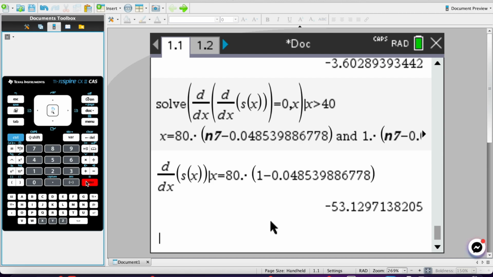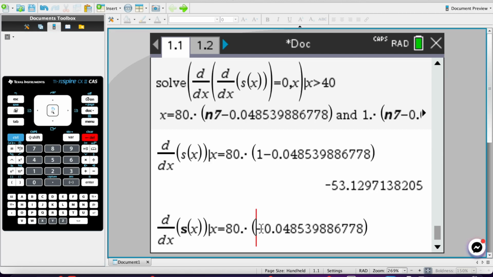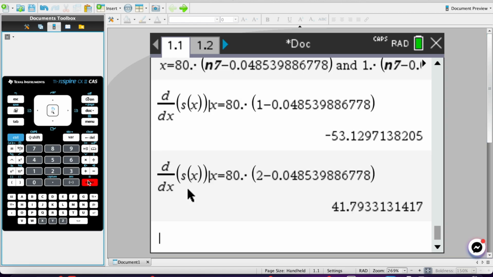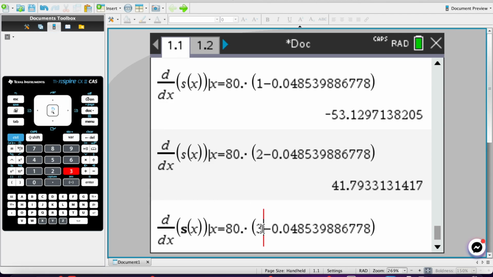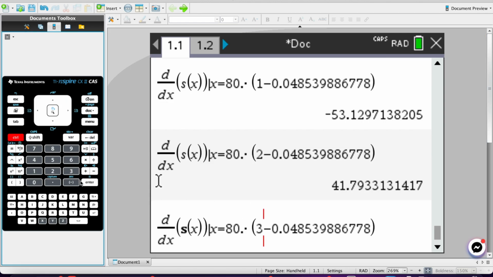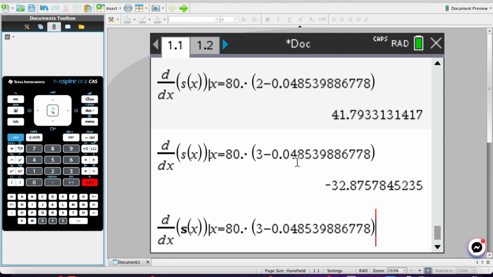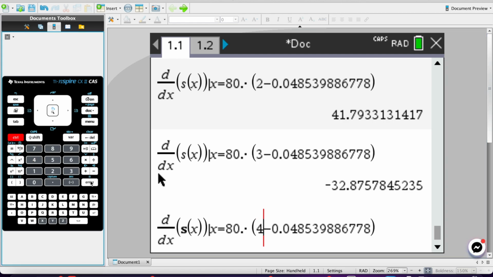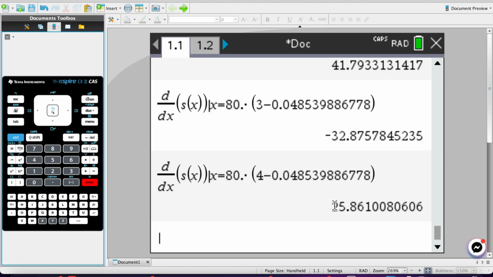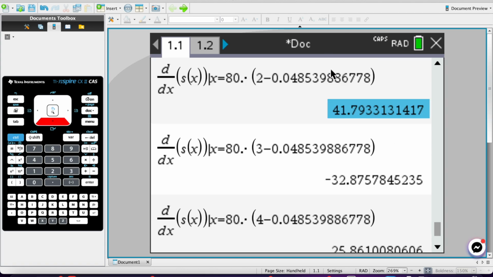We get a negative. So now let's try 2. We get a positive. Now let's just try 3 to see if we get lower and lower. We got a smaller negative, so we're getting closer and closer to 0. So that positive is not as great as that positive. So the greatest one is for that first value of 2.